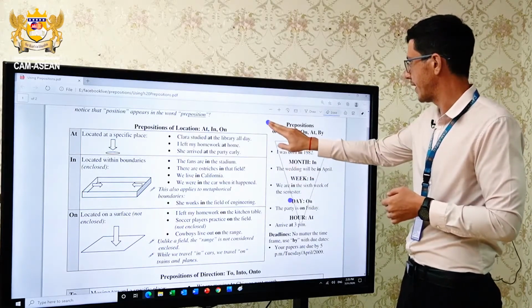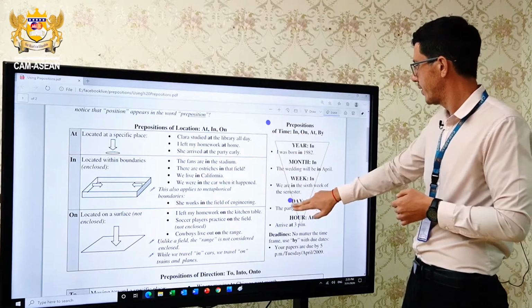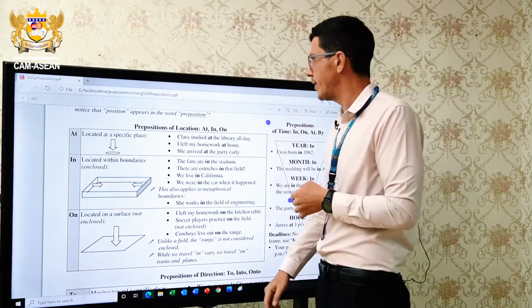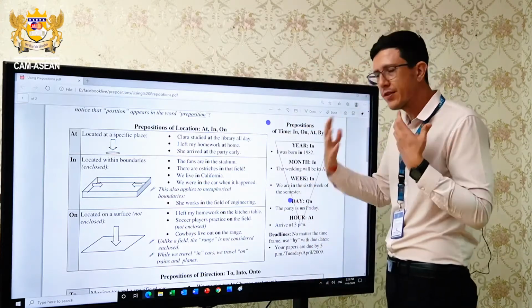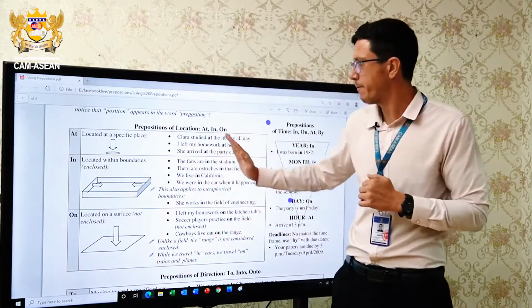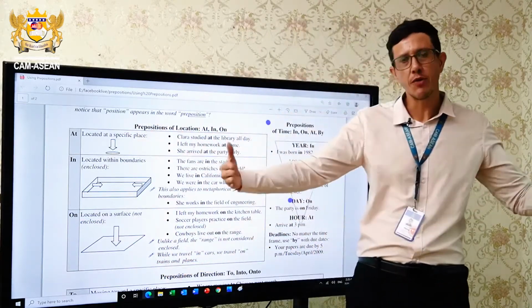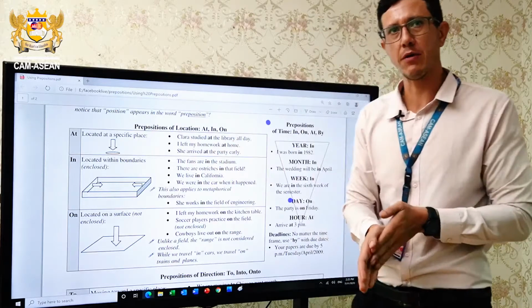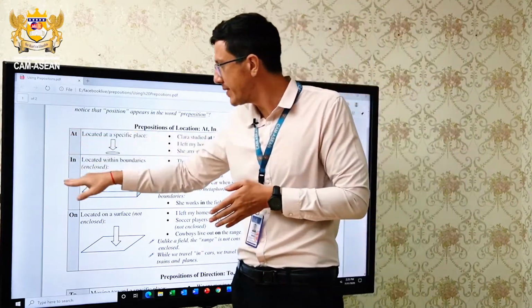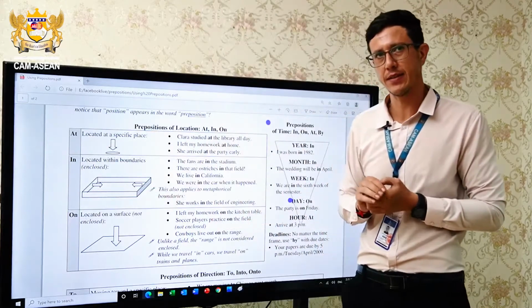Now, let's forget about this for a second. Let's go to location. What we can do here, this is a little more visual. We can use these pictures here. Now, it's not so much general or specific when we talk about location. When we're talking about location, these prepositions have specific meanings.